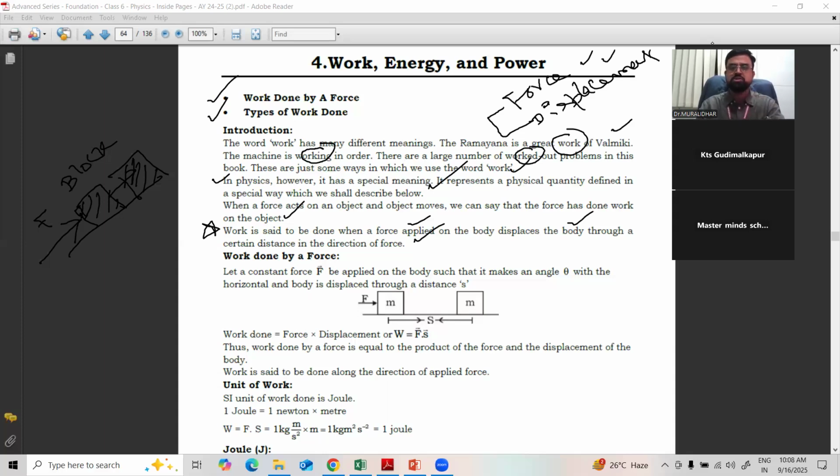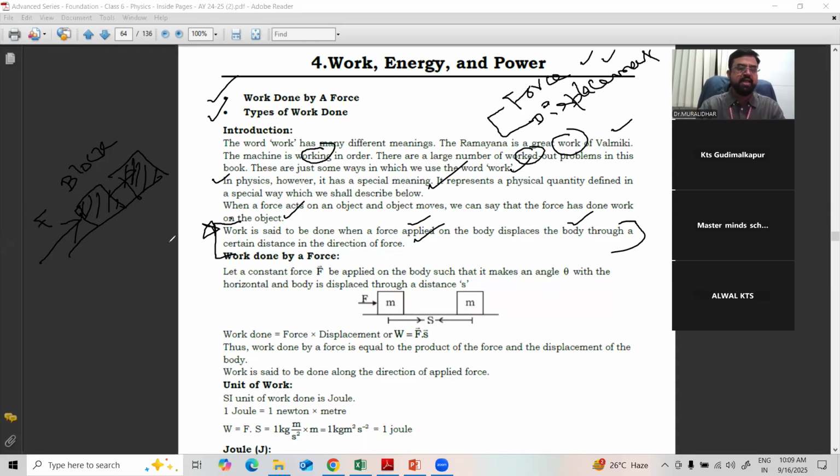Even though you are applying force, if the body does not move, we can say work is not done. But whenever force is applied and the body moves in the direction of force, we can say that work is done. So work is said to be done when a body displaces along the direction of force. Very, very important. You can write this part.